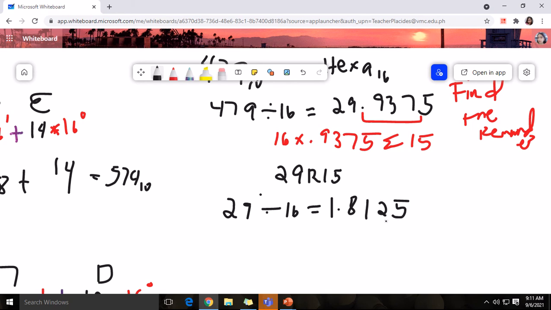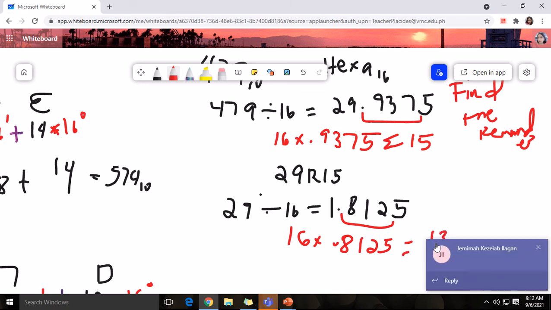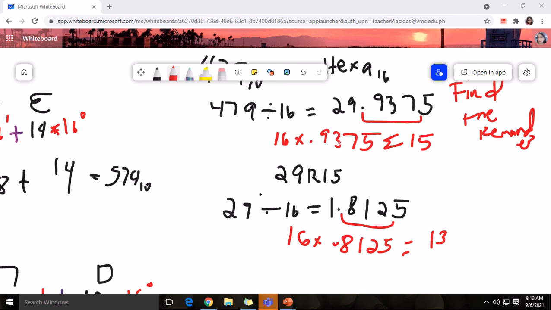Find also the remainder: multiply 16 by the decimal part, 0.8125, which is equal to 13. Use the calculator if you are confused. So, this is our remainder. We keep the 1, the whole number, and the remainder 13.